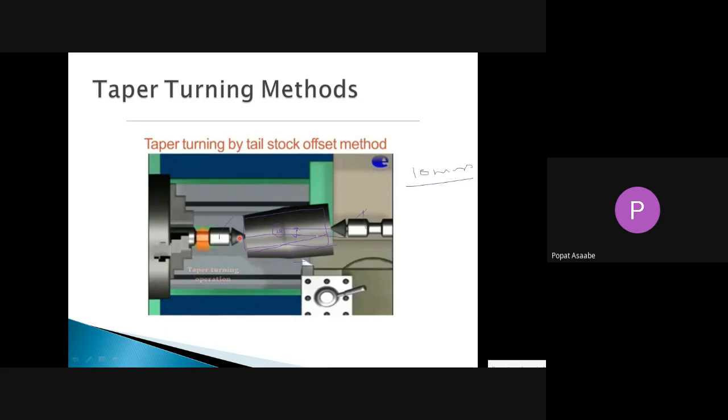Then we have to give the feed to the workpiece with the help of the single point cutting tool. Because the workpiece is located in an inclined position, the single point cutting tool will produce the taper on your workpiece.